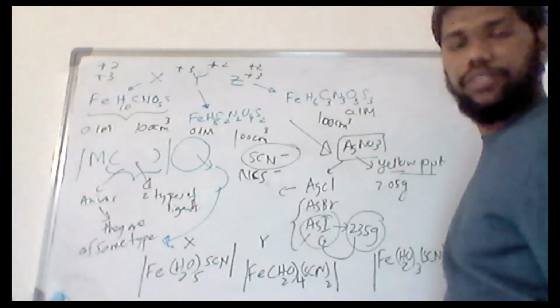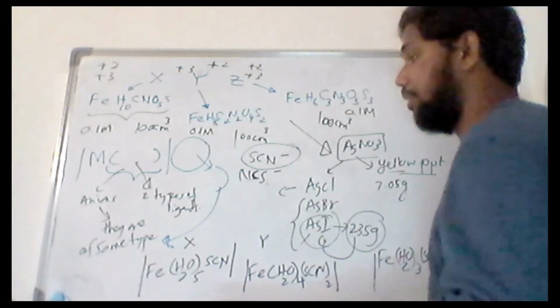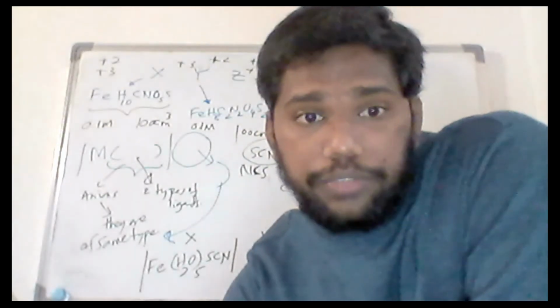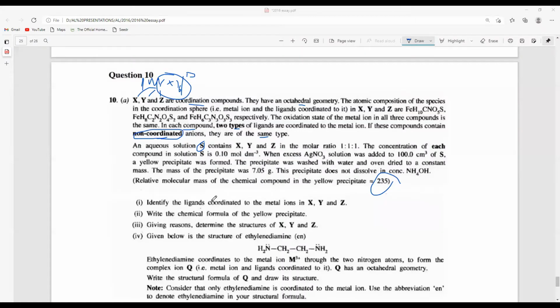I'm done with drawing the structure. So my ligands in X, Y, and Z, that is what they have asked in the first question. So in the first question, they asked what are the ligands. So identify the ligands. According to this piece of information, my ligands are either water and SCN minus, or water and NCS minus.